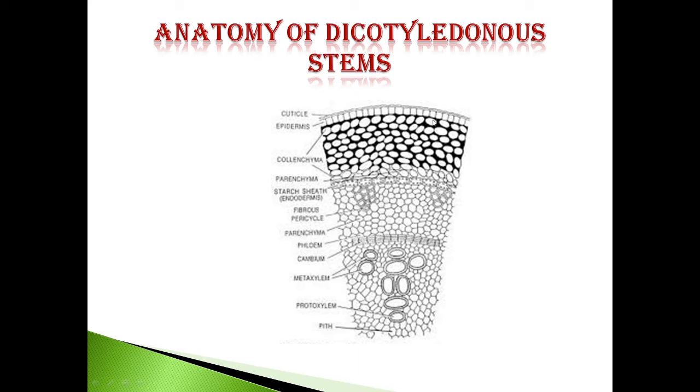In the collenchymatous region, on the inner side of the epidermis, there is usually a band of collenchyma. The cells are modified parenchyma cells with cellulose wall thickened at the angle where three or more cells are in contact.